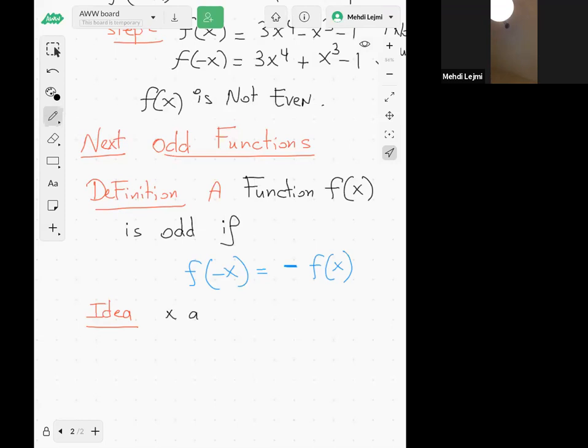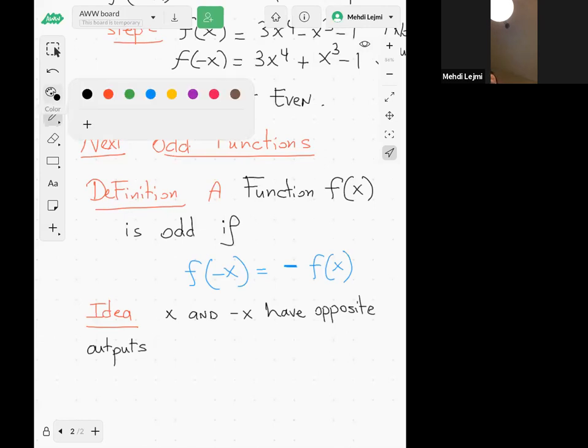Because as you can see, guys, the output of minus x is the opposite of the output of x, because you have the minus here.